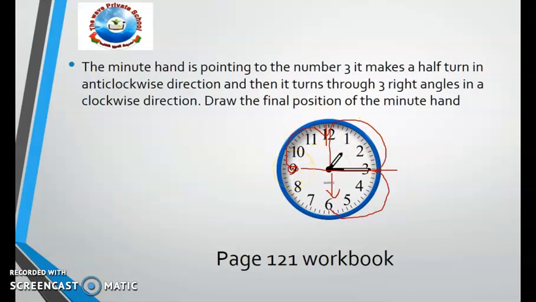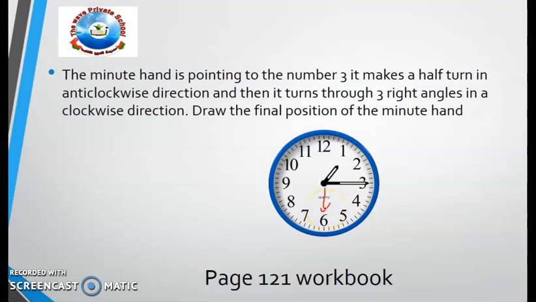We came to 9. Then they said we have to move 3 right angles in a clockwise direction. So from 9 to 12 we have 1 right angle. As you know, this is a circle, so 1/4 is 1 right angle, then 2 and 3 right angles, 3/4. Then my final position is at 6. So you have to draw the minute hand like this. You have to draw this minute hand only.